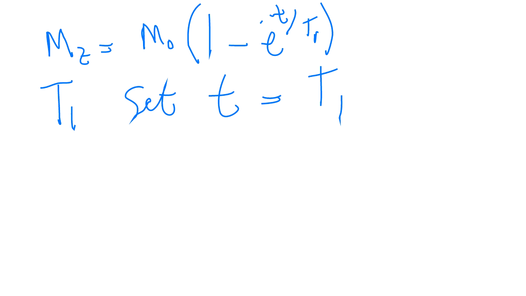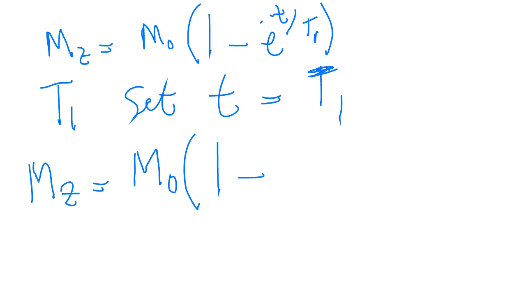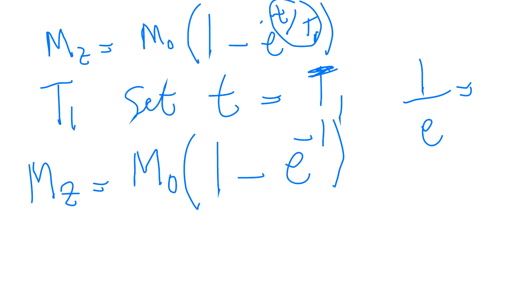Then Mz is equal to M0 times (1 minus e to the power of minus 1), because t is set equal to T1. E to the power of minus 1 is simply 1 over e, which is about 0.37.